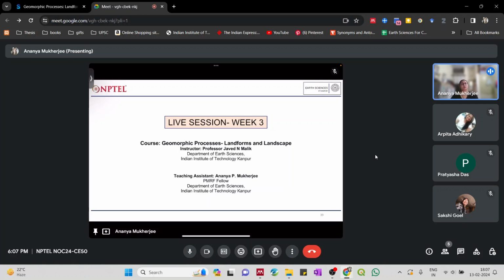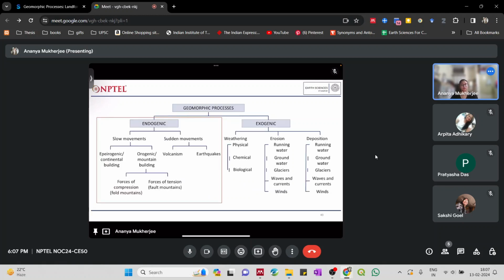So now we will move on to one of the most important categories or classifications of processes that helps in transforming the landscape on the surface of the earth. As we had seen in the first week of live session, and it's also given in the first week of the lectures, we have endogenic and exogenic types of geomorphic processes.